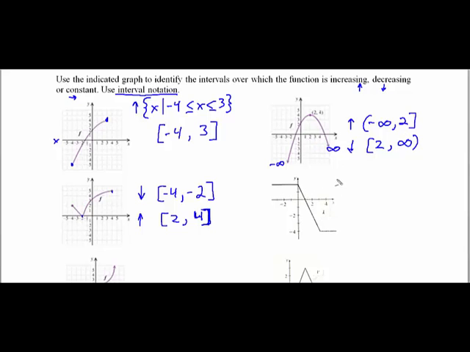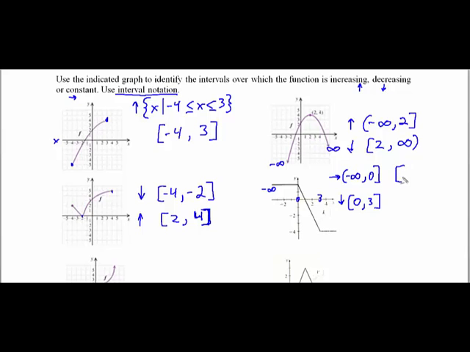Now here we have some constant spots, and this goes from -infinity to 0 on my x-axis. So we're going to have a parenthesis, -infinity, 0, bracket. Then it's going to decrease from 0 to 3, because this looks like about 3 on the x-axis, and we'll put a bracket there. But then we're going to have another flat spot from 3 all the way to +infinity.